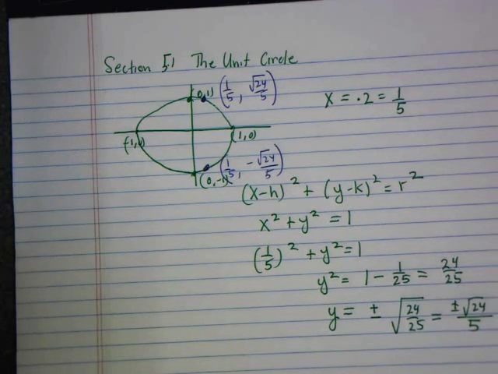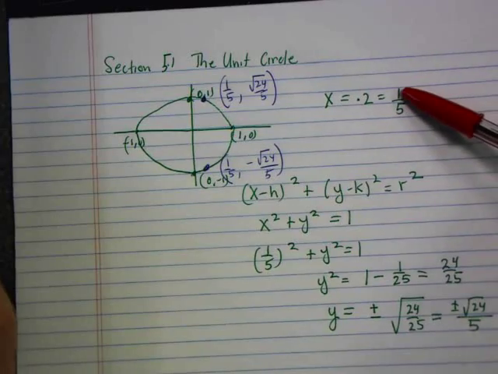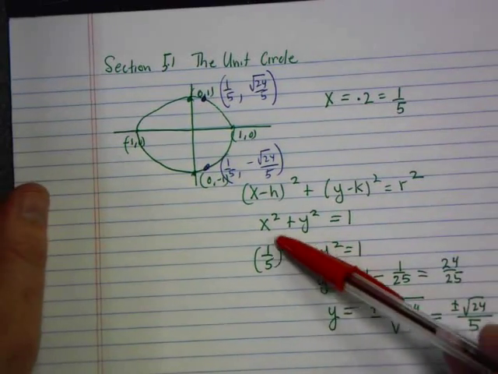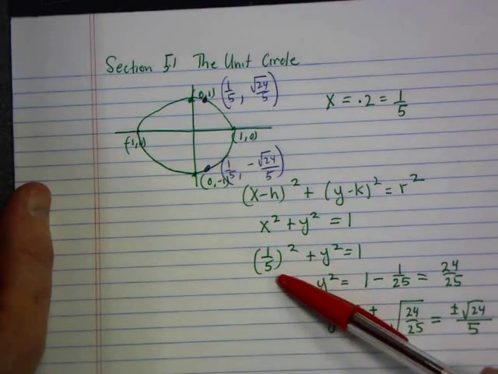Now, what if somebody had said, I want x to be negative 1/5? How would that have changed things? Would it have changed the y at all? No, why not? Because if x is negative 1/5, when I square negative 1/5, I get positive 1/25 again, don't I?